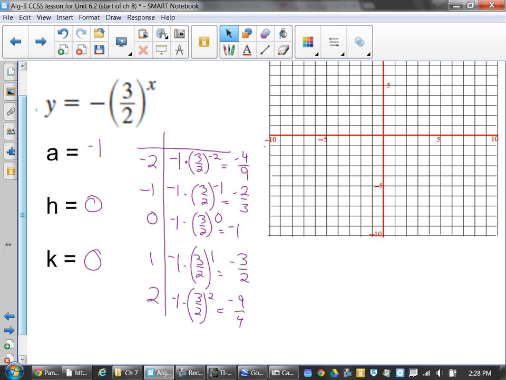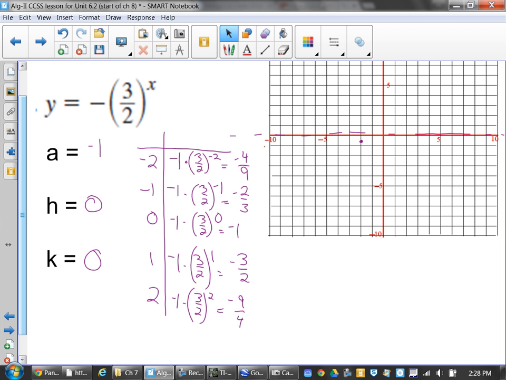All right. Now you've got your ordered pairs to plot. Where's your horizontal asymptote going to occur? Still at 0. So at -2, I'm at -4/9. What is that? Almost a little bit more than half? No, it's a little bit less than half. Yeah, that's close enough.